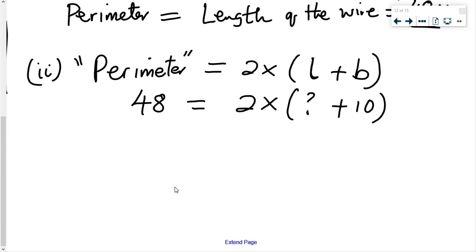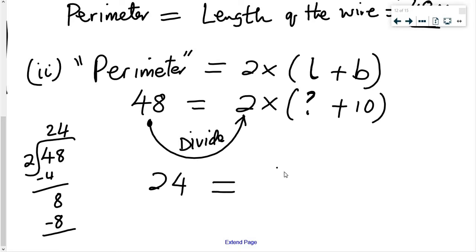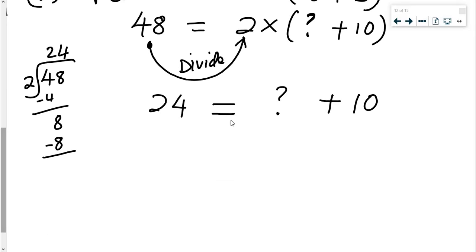How do we move from here? Take 48, divide by 2. That is 2, 4. That is 8. So 48 divided by 2 is 24. This equals a question mark plus 10. Now when you reach here, you ask yourself a common sense question.